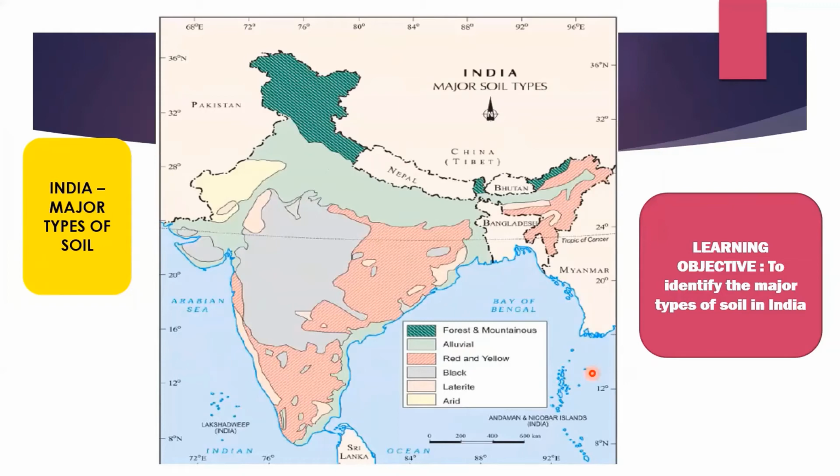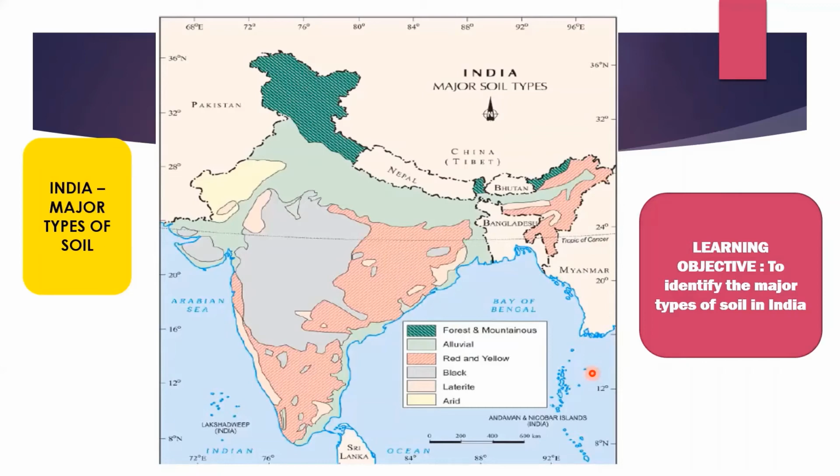They have given different colors to identify the different types of soil. So you will get a map like this, in which the soils are clearly marked. You need to identify what type of soil is there. They won't give you the key. Okay, first we will learn about the different types of soil.